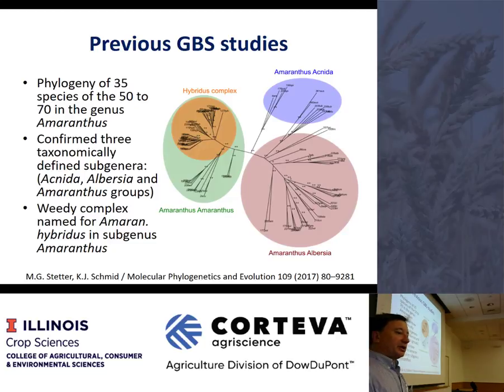In previous GBS studies, they did a phylogeny of 35 species of the 50 to 70 or so in the genus, and they found this grouping under the subgenera Acnida, Albersia, and Amaranthus. And Amaranthus holds all the cultivated ones plus the hybridus.